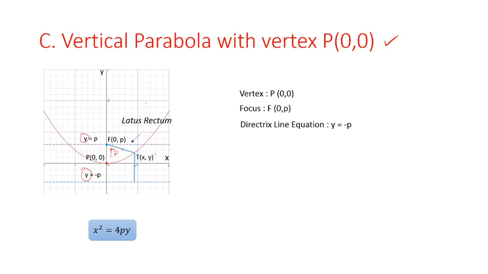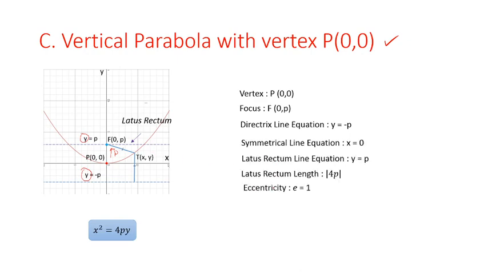So we can see here the vertical parabola. Please notice that in the equation the positions swap, so the square, the degree of 2, goes to the x term, and the degree of 1 now goes to the y term.